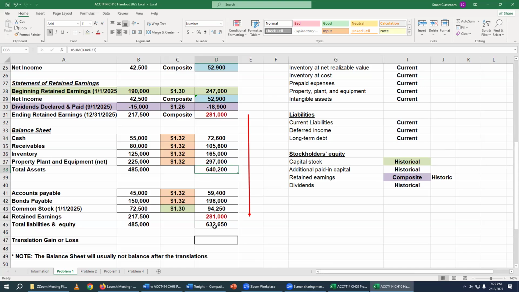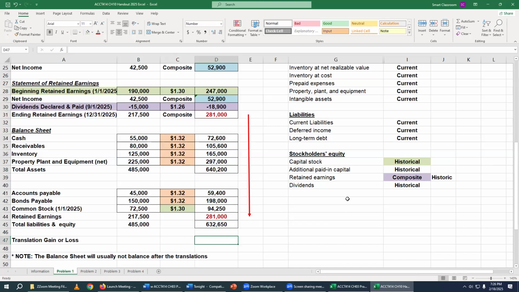These two are not the same. So the question is, do we have a gain or loss? We have 640,000 in assets, and we owe a total of 632,650. So we owe some of that to the owners, we owe some of it to our lenders. So we have 640 in assets, we owe 632.